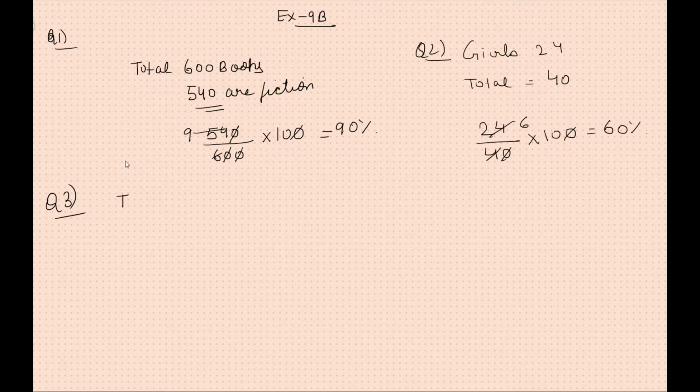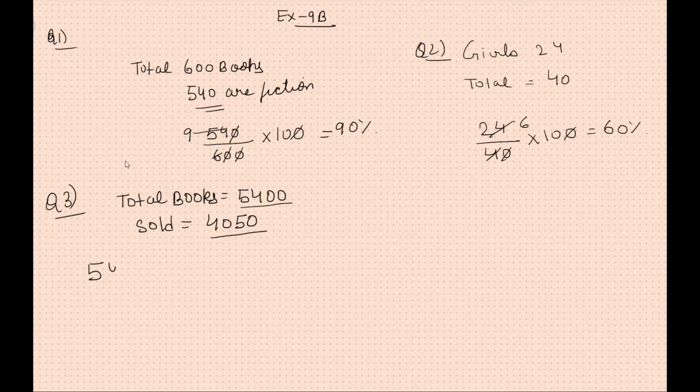So total books he bought 5400, sold 4050. So what percent of books could he not sell? First we will find out how many books he was not able to sell. So it will be total books minus the number of books sold.